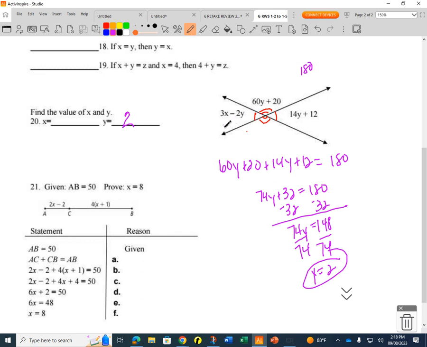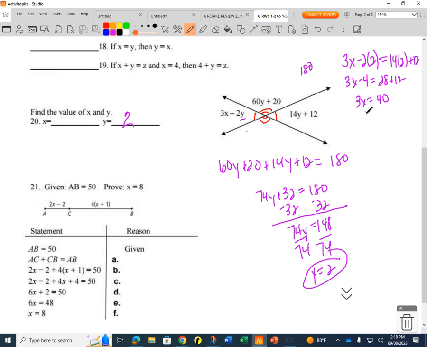So I can write the equation 3x minus 2 times 2, because that's the value of y, equals 14 times 2 plus 12. So 3x minus 4 equals 28 plus 12.